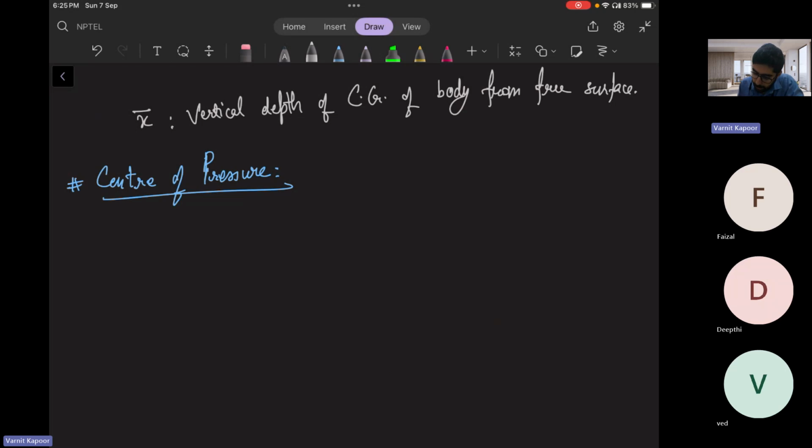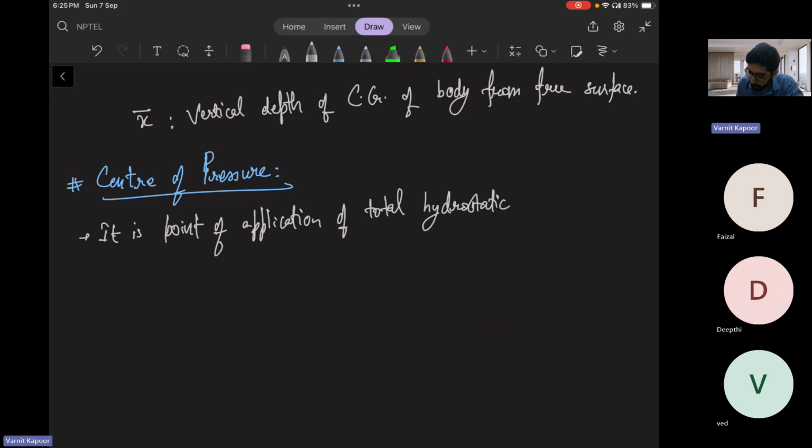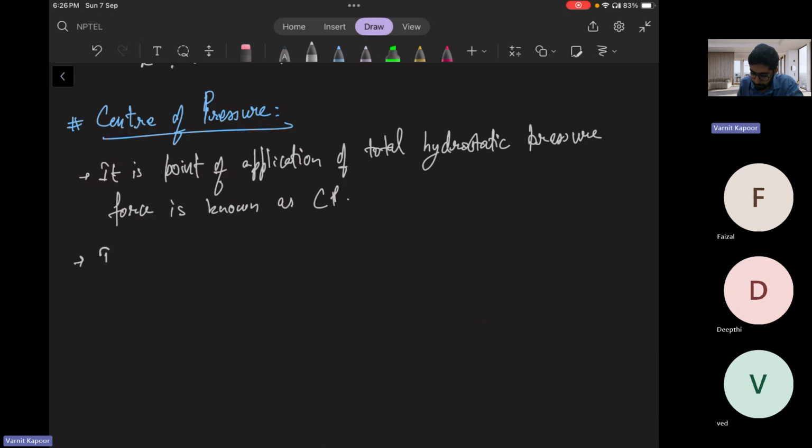Everything is always from the free surface only.